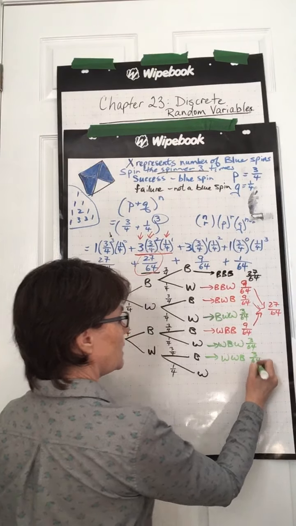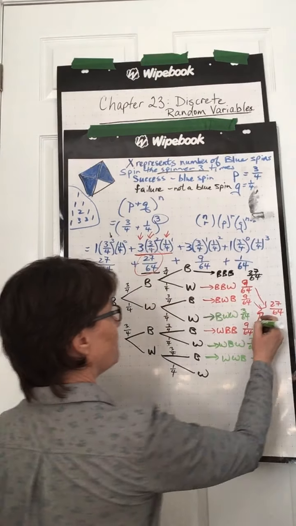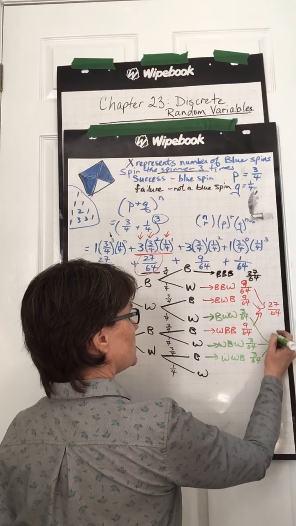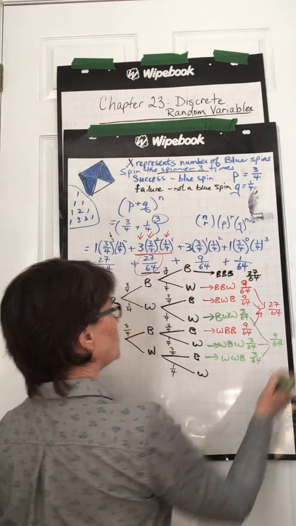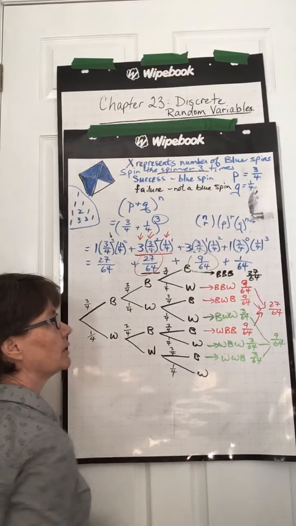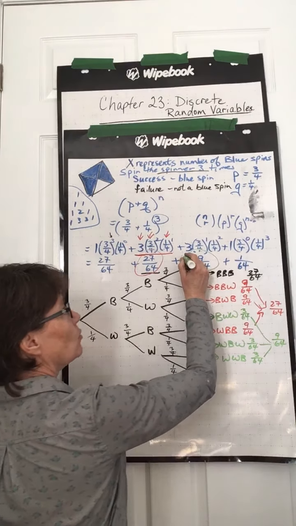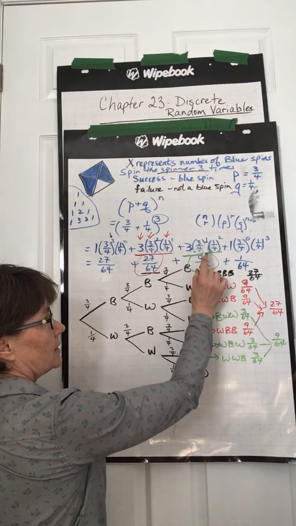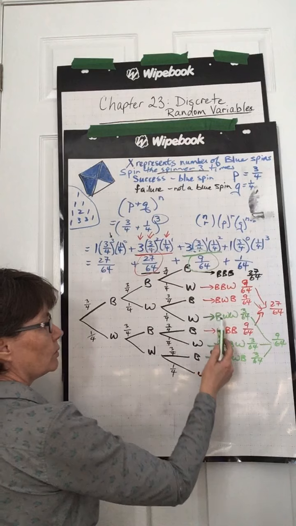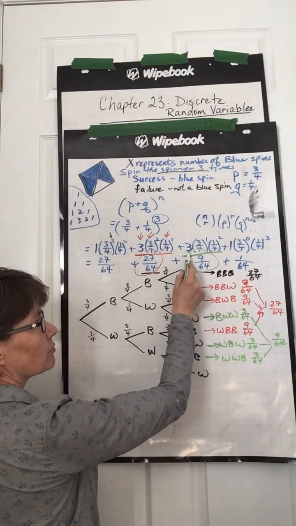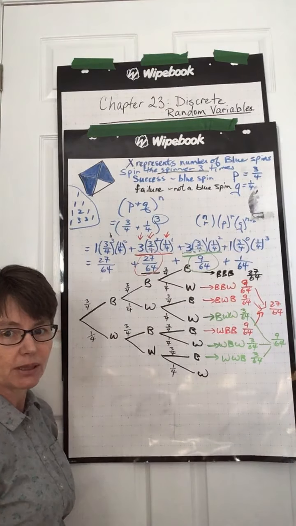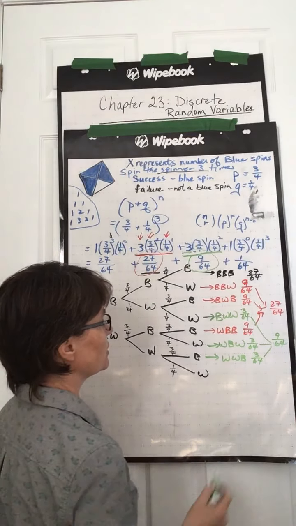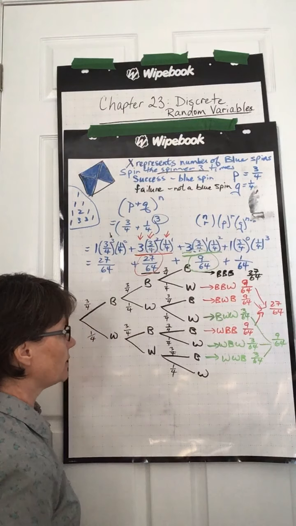Multiplying across, we again get 3 out of 64. Add up these green ones, we get 9 out of 64. And up here, 9 out of 64 was this term in the expansion. 1 success, 2 failures. So 1 blue, 2 whites. There's 3 different ways for that to happen. That's what the binomial coefficient represents. 3 different ways. So those are added together.